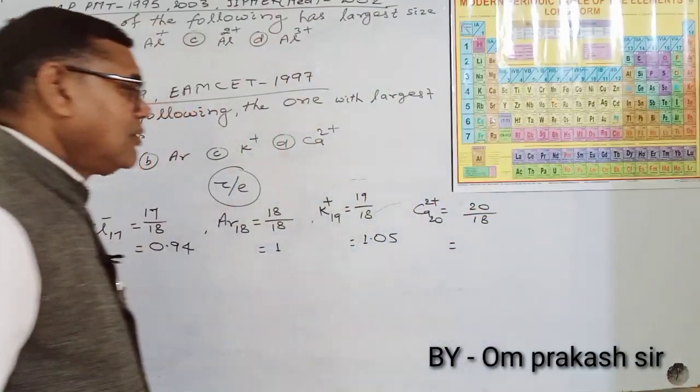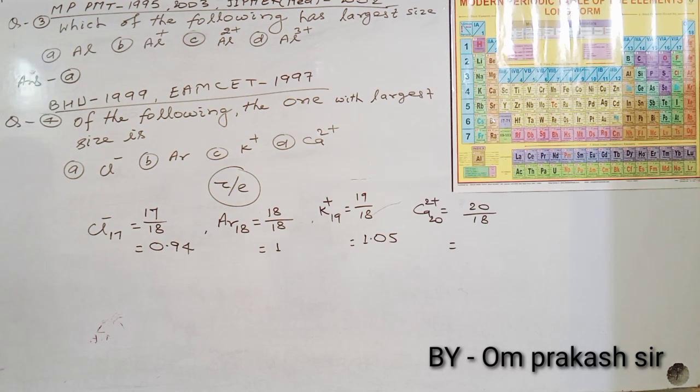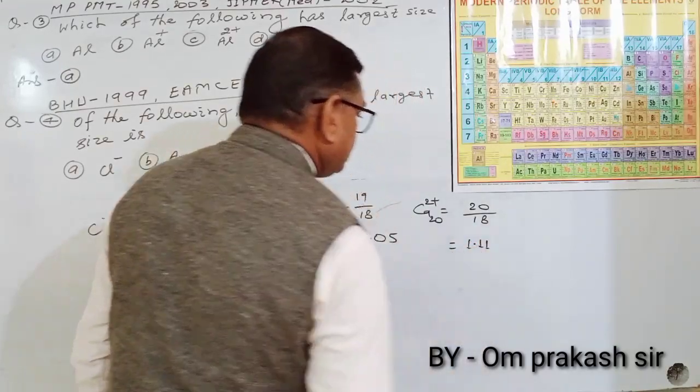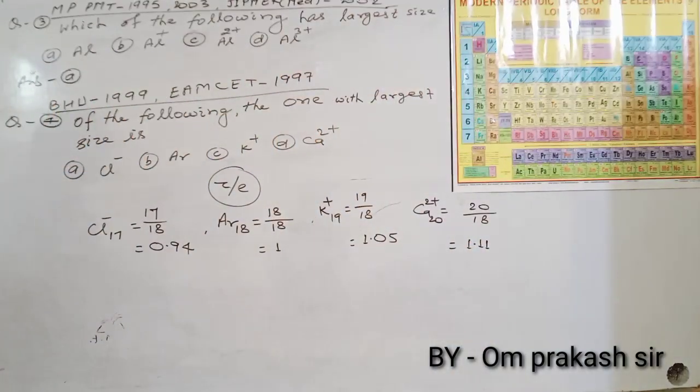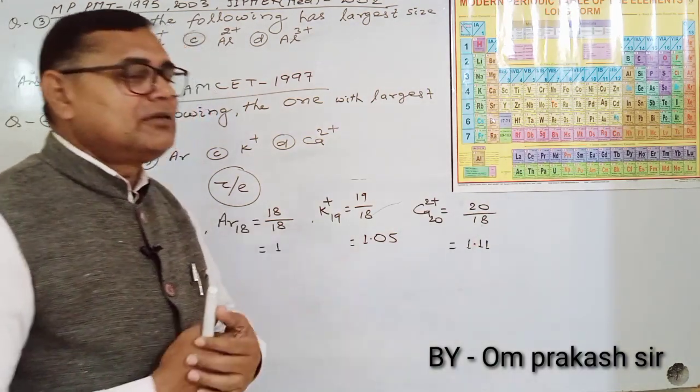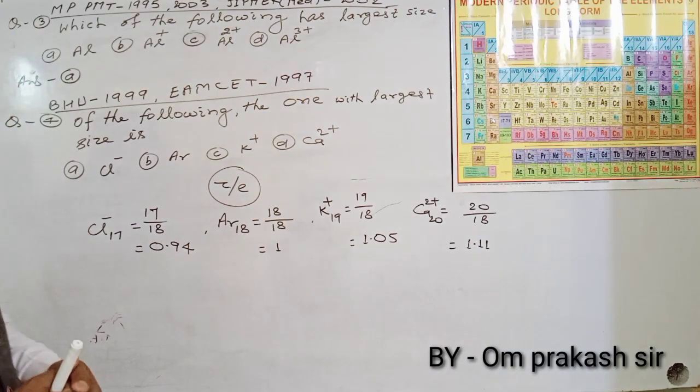Now we divide 20 by 18, which is equal to 1.11. These are per electron effective nuclear charge.